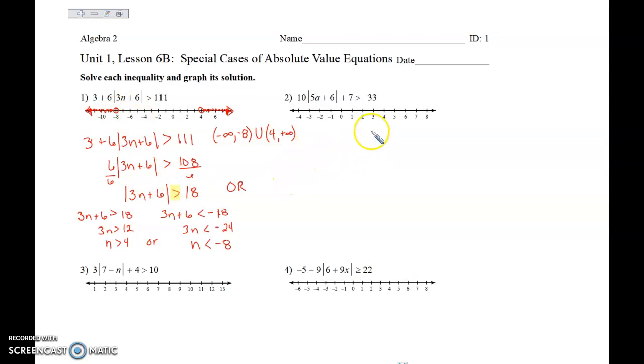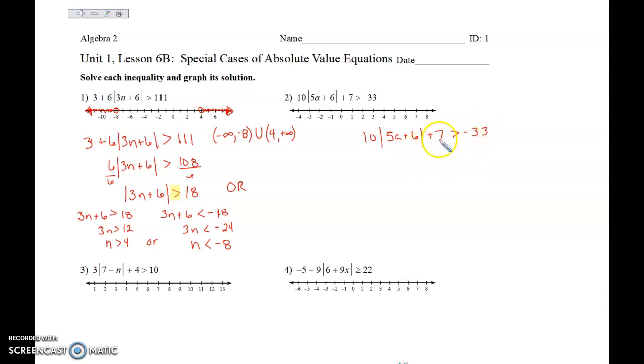Okay. For number 2, same thing. You're going to solve this out, try and get the absolute value by itself. So we'd have 10 times the absolute value of 5a plus 6 plus 7 is greater than negative 33.